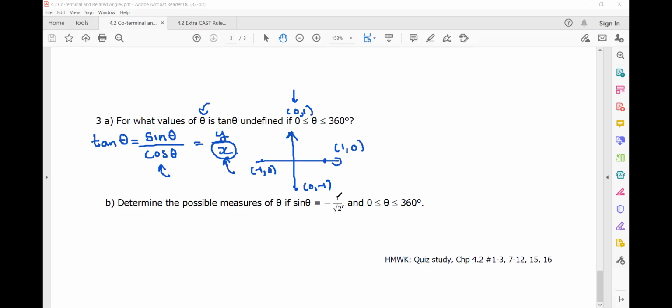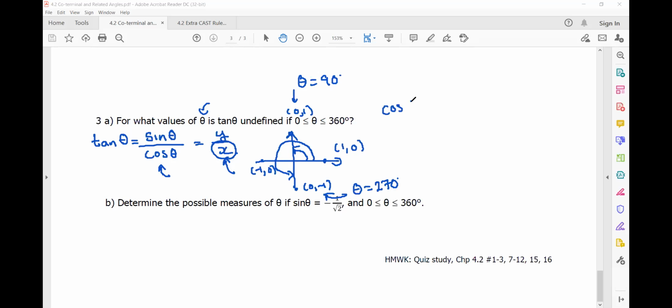The point 0, 1 corresponds to an angle of 90 degrees, and 0, negative 1 corresponds to an angle of 270 degrees. So that's 90 degrees and 270 degrees, right? So that works.